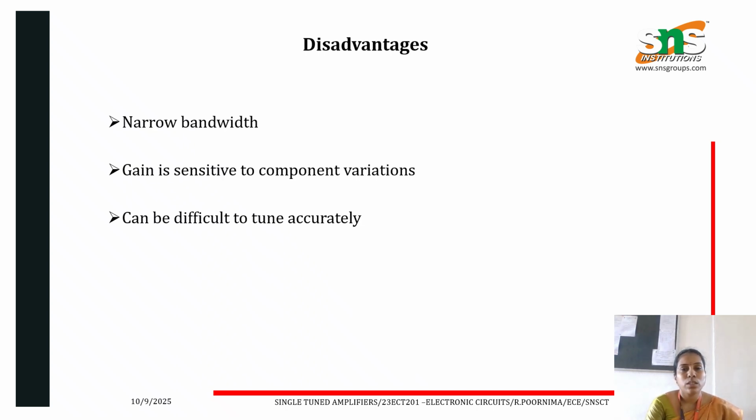Let's see the disadvantages of the tuned circuit. It provides a narrow bandwidth because it has a high quality factor at a particular frequency, so it is only used for narrow bandwidth applications. Gain is sensitive to component variation, so it can be difficult to tune the circuit accurately.